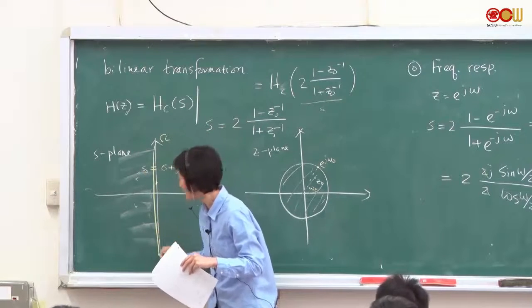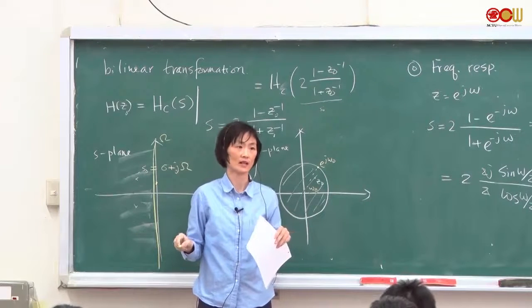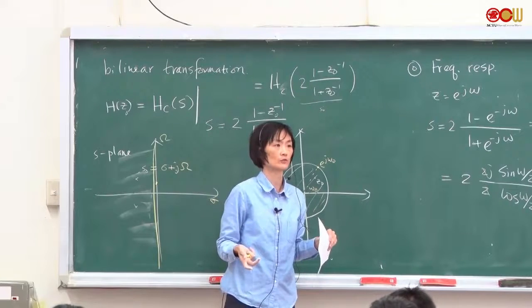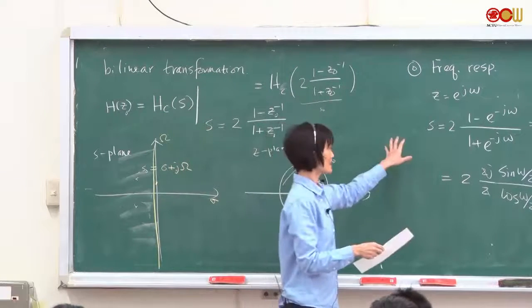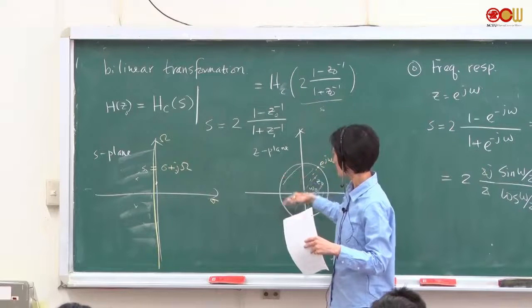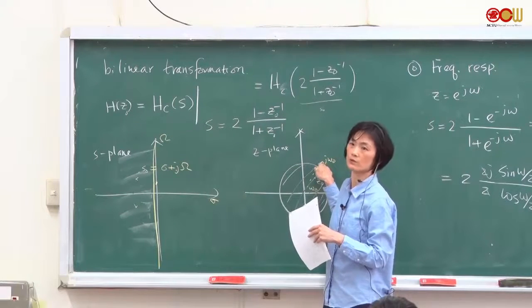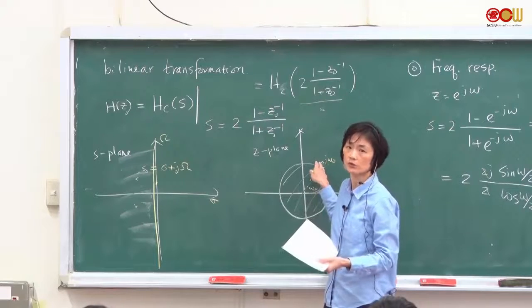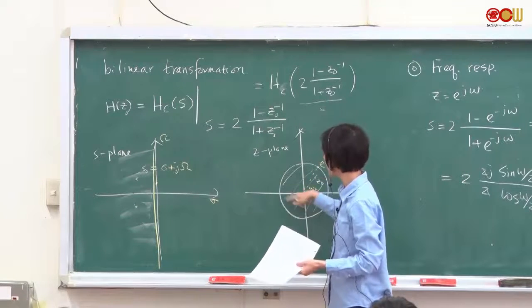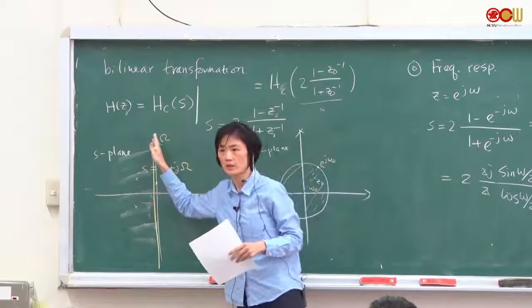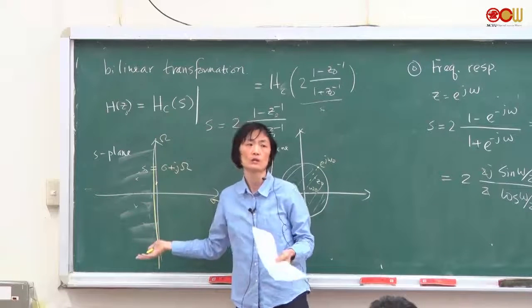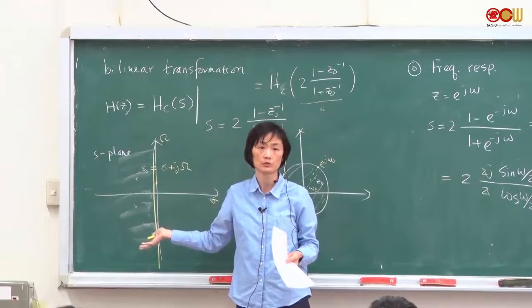The imaginary axis, right? That's where we get the Fourier transform. So what this means is, in this bilinear transformation, the point on the unit circle comes exactly from a point on the imaginary axis. That's where the frequency response of the analog filter is.